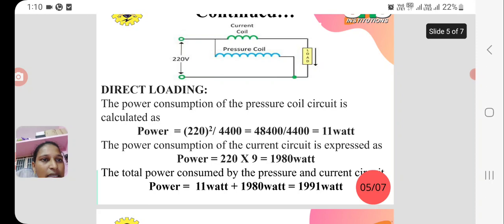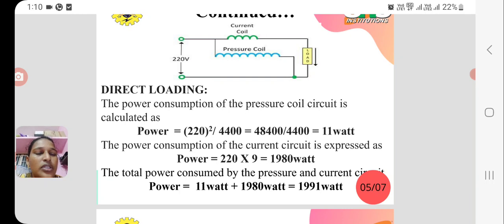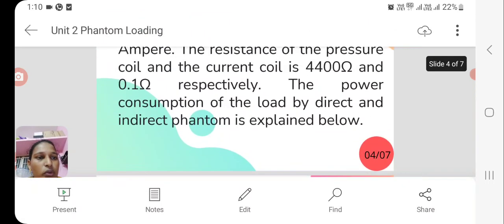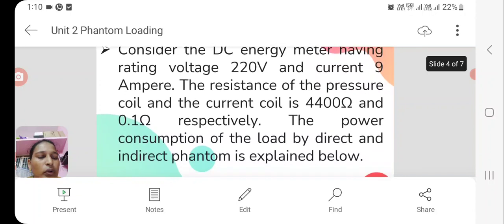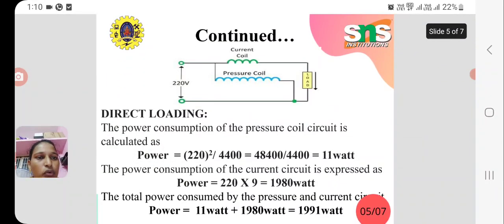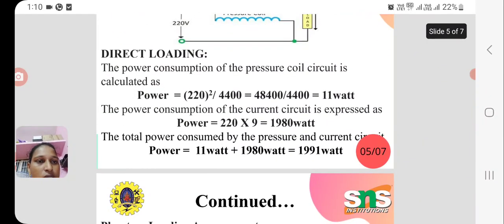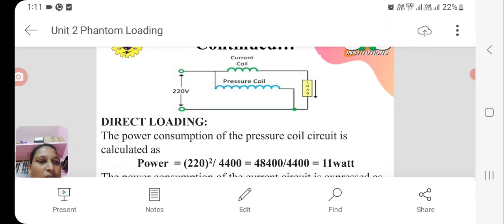First let's see the direct method. The circuit given is the direct loading arrangement. The supply is 220 volts, the pressure coil resistance is 4400 ohms, and the current coil resistance is 0.1 ohm. Let's find the pressure coil power consumption.